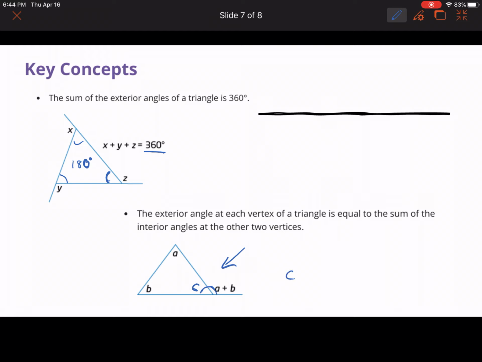So C and the one that's labeled AB have to equal 180 degrees because of it being in the line, and because all triangles equal 180 degrees, that C plus A plus B have to equal 180 degrees. So therefore, their complementary outside angle has to equal the addition of the other two angles on the inside.